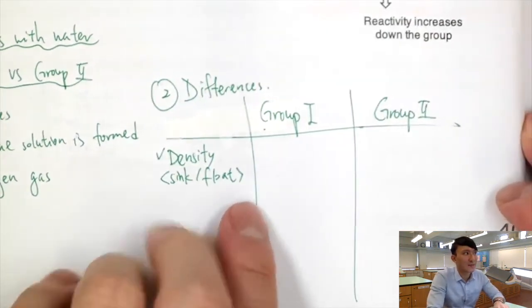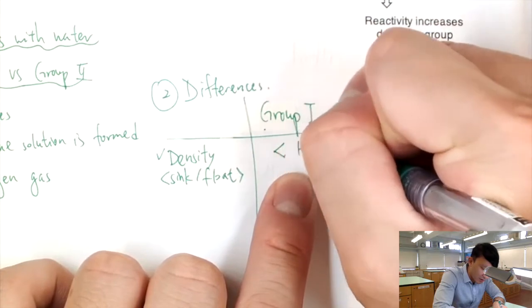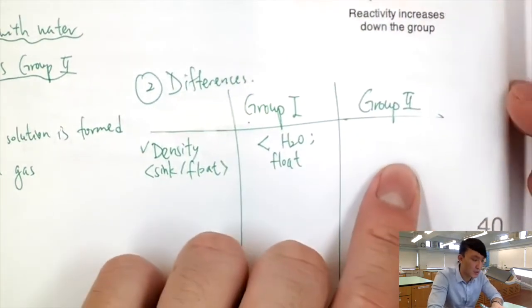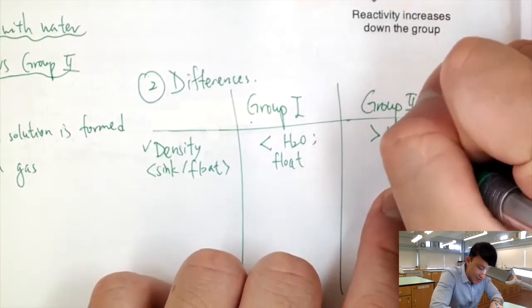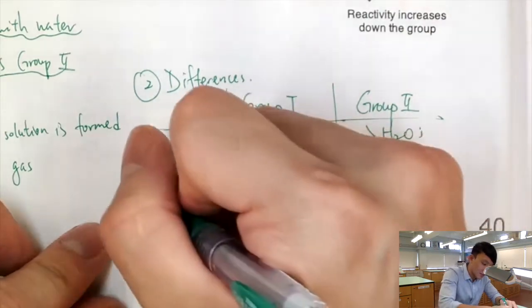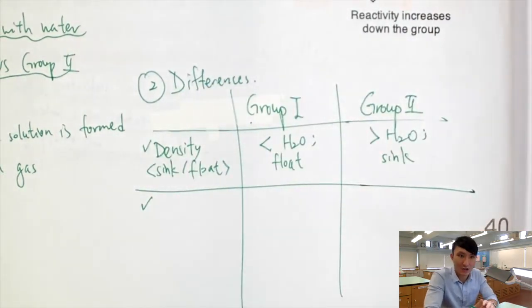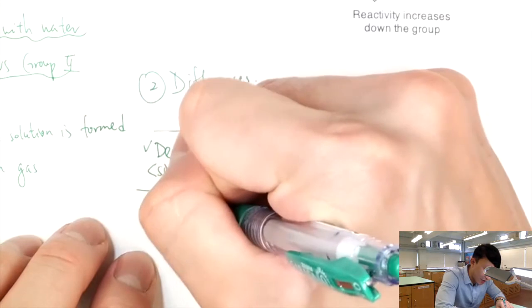We say that Group 1 are less dense than water. Therefore, they float. Group 2 are denser than water. Therefore, they sink. Right? Secondly, we look at the rate of reaction, or the extent of reaction.